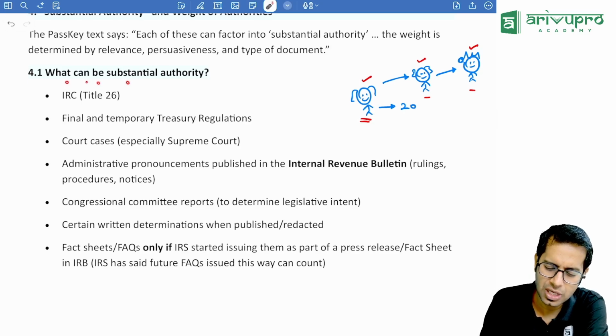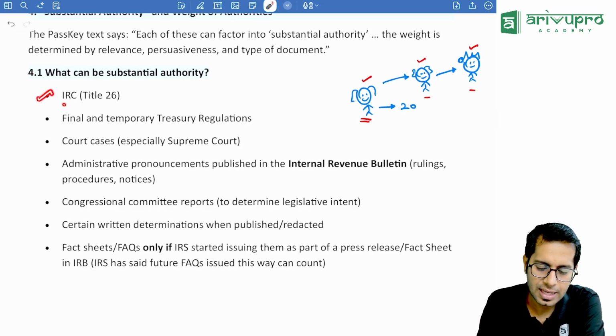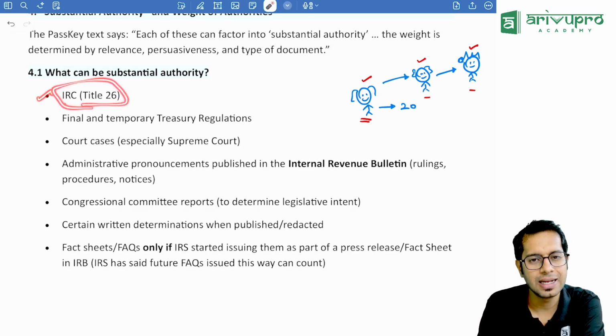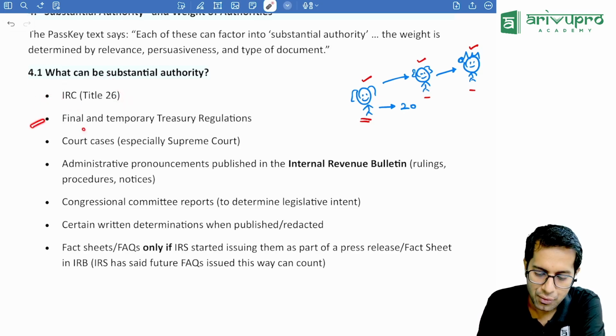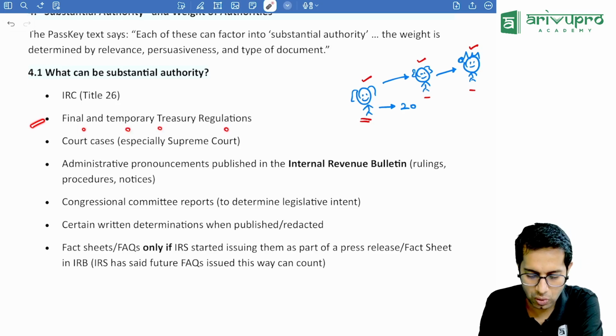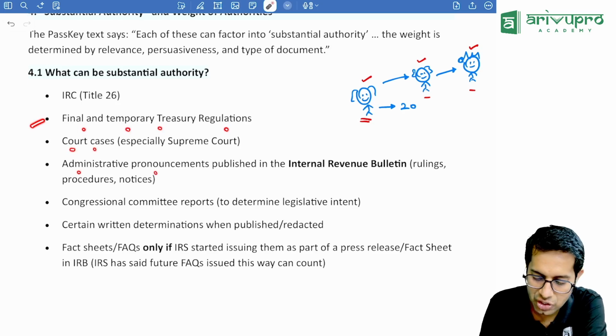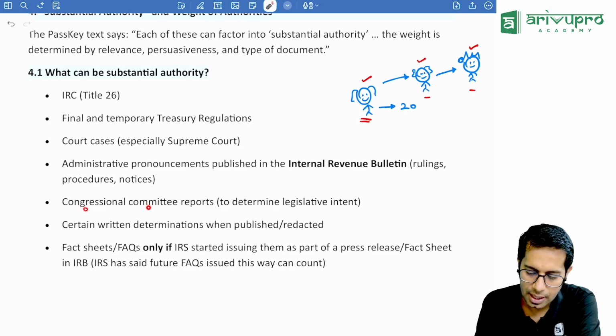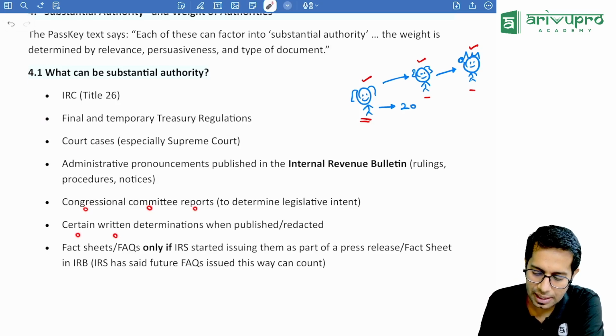What can be substantial authority? IRC Title 26, final and temporary treasury regulation, court cases, administrative pronouncement, Congress committee reports, certain written determinations when published, fact sheets or FAQs only if IRS started issuing them.